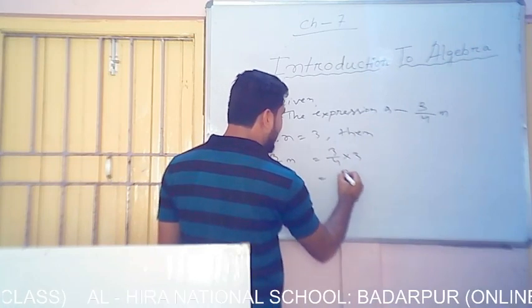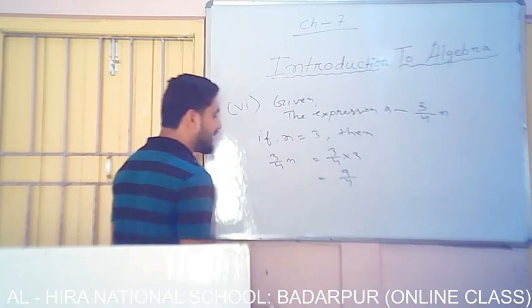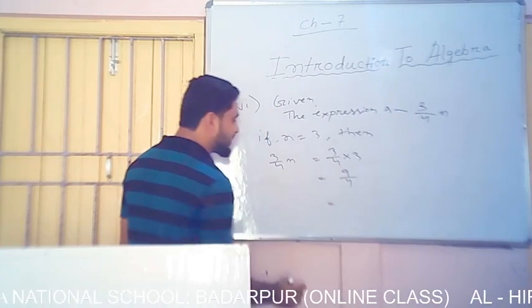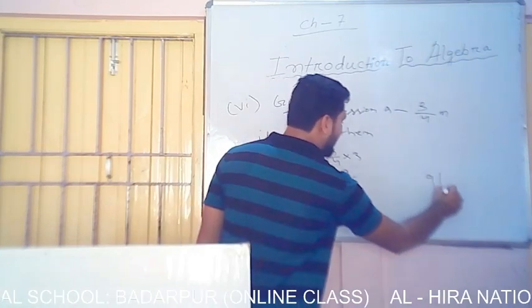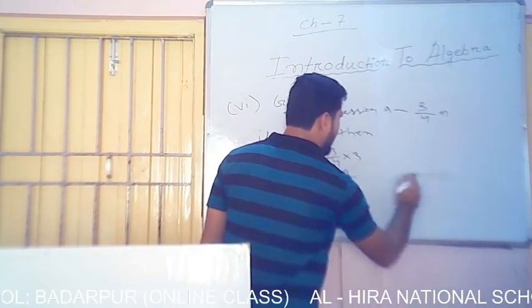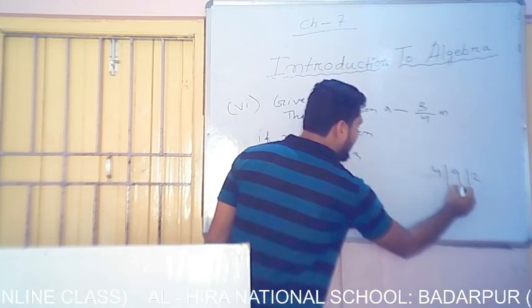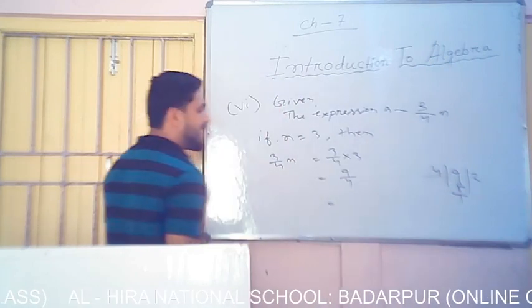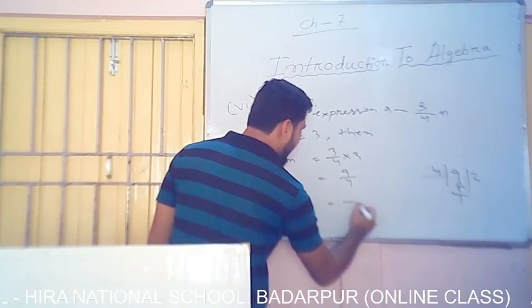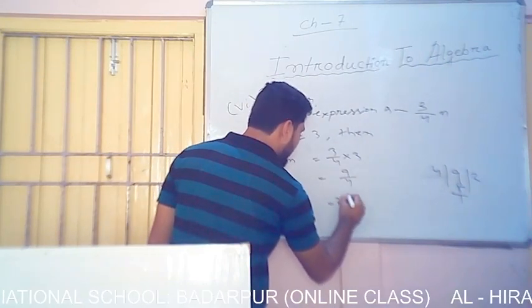That means 3 3s are 9. Answer is 9 by 4. And if we convert it into a mixed fraction, then we will get like this: 4 twos are 8, we'll get 1, then you can write 1 over 4 like that.